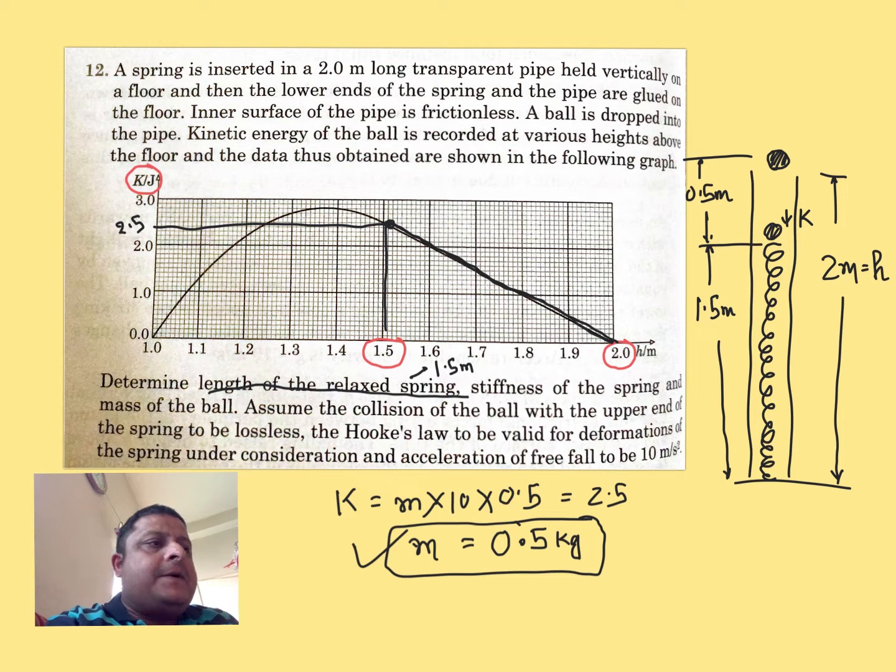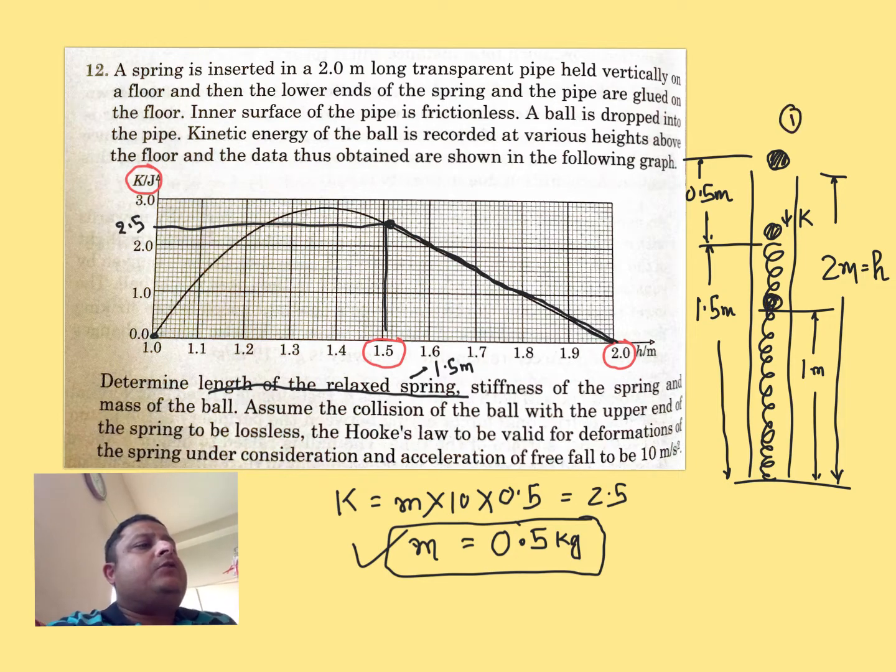So you have to find out the stiffness of the spring, right? We can find out stiffness of the spring from the following thing: when the height is 1 meter from ground, then the ball stops there momentarily. So from the start, say from point 1 to point 2, we can conserve energy.